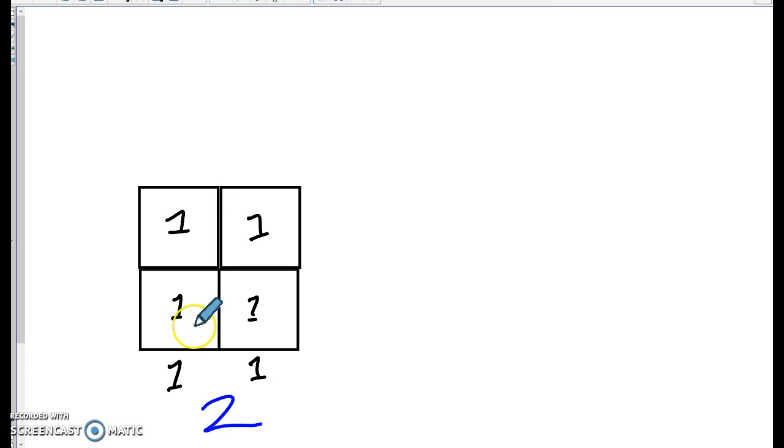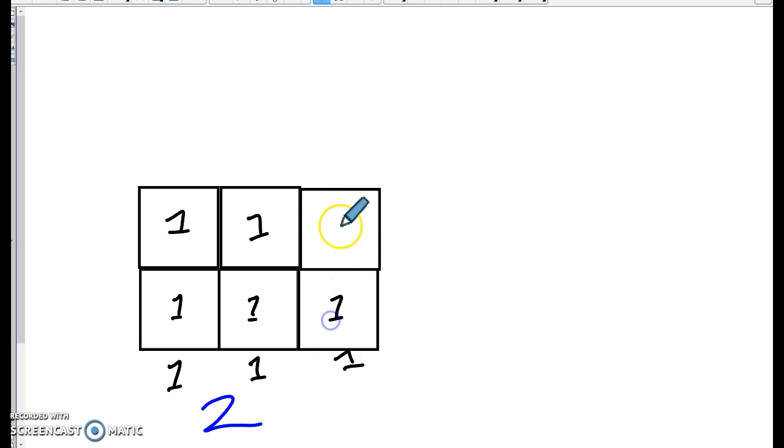And this goes right out to rectangles as well, not just squares. So if we've got a rectangle that is 3 by 2, like this one, we know that the area is 1, 2, 3, 4, 5, 6, because there's 6 boxes.